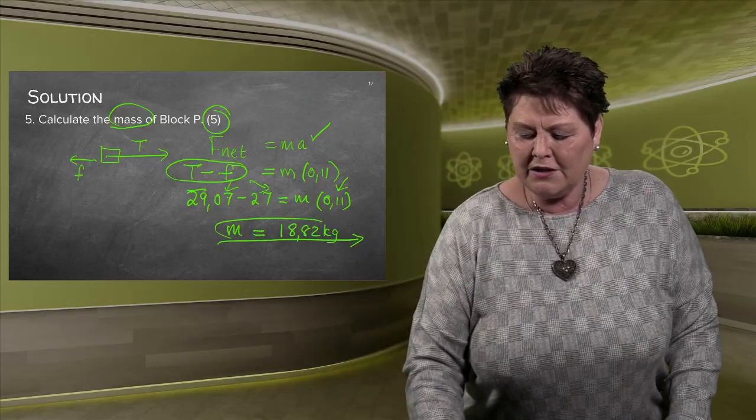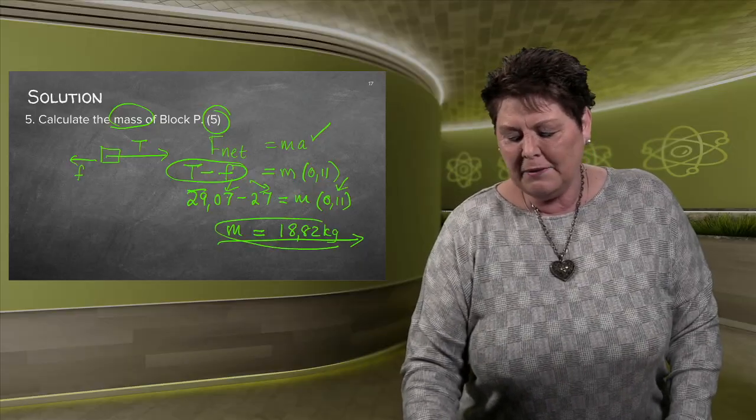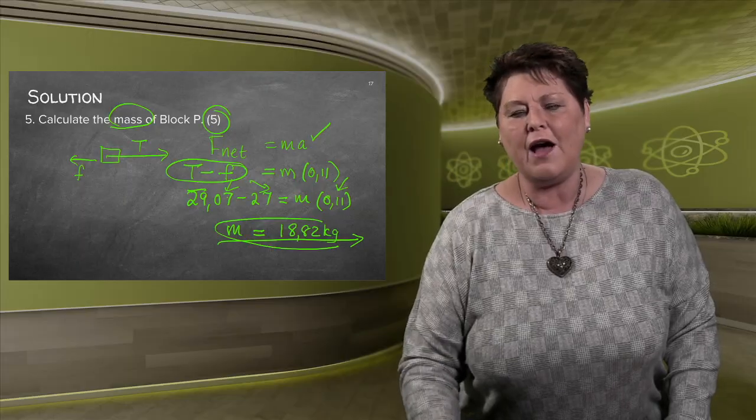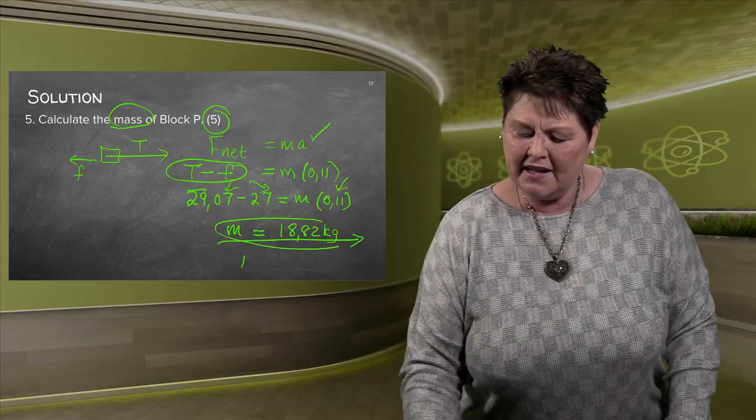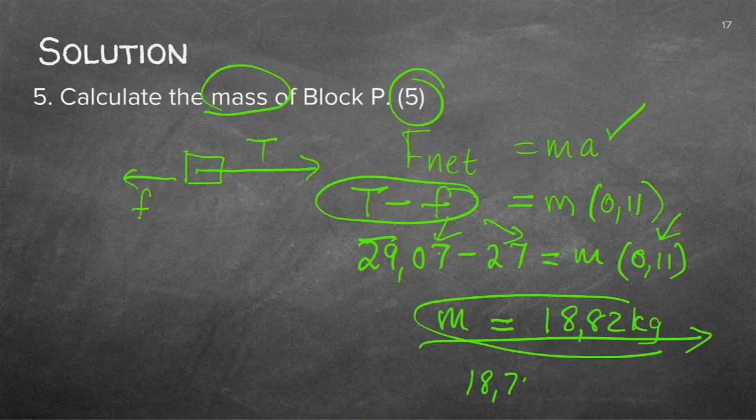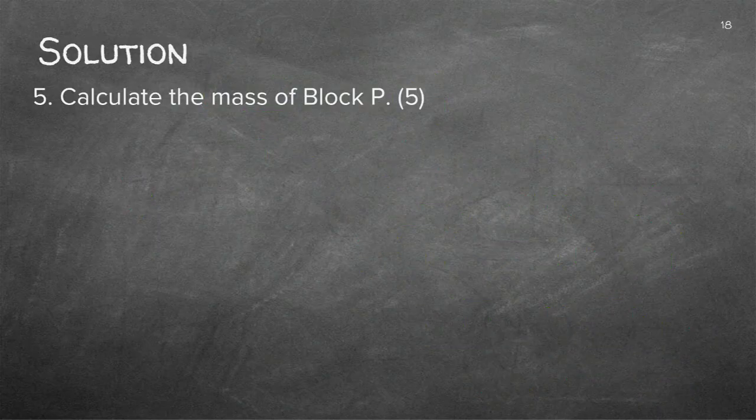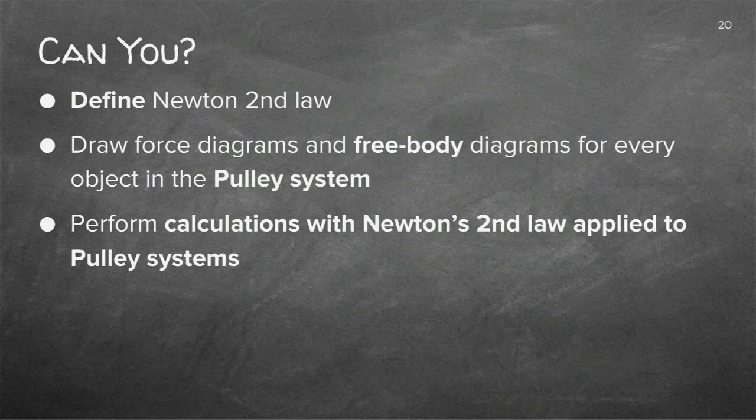You might have a different answer. You might be in the range they usually allow you a range. Let's say, for instance, from 18.75 to 18.85. You can see that's more or less in the range. Finally, we had the mass. We got the 5 marks of a very, very complex calculation.